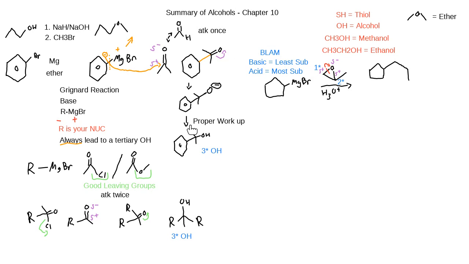It's only a tertiary alcohol when we are attacking some type of carbonyl. But if we're attacking an epoxide, it does not have to be tertiary, but it does have to be an alcohol. It just depends on how many methyl groups we have. So it looks like this.